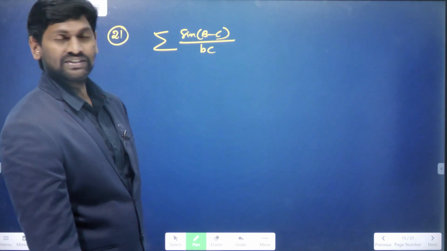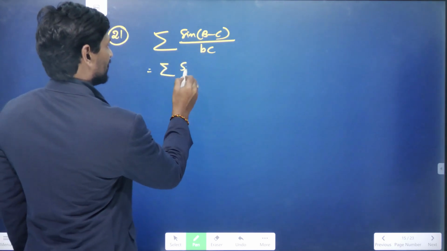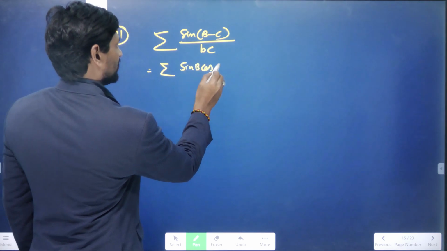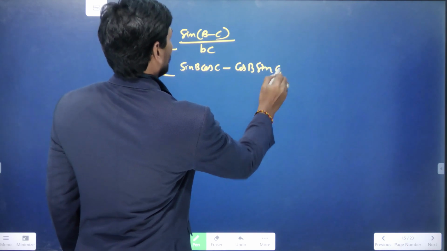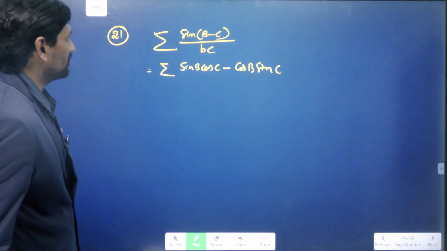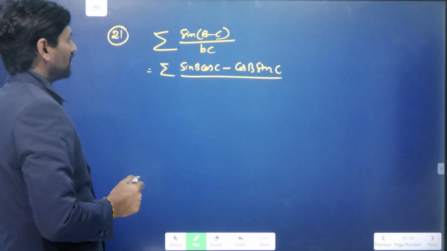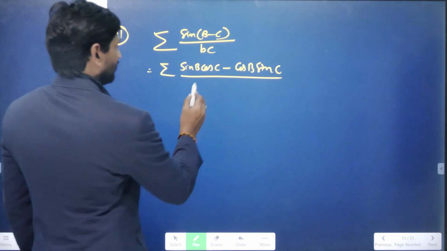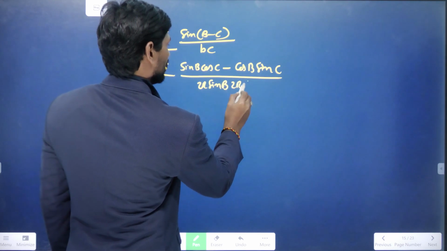I am applying sin(B minus C) as the compound formula, sin B cos C minus cos B sin C, just like the sin(A minus B) formula, sin A cos B minus cos A sin B. And in the place of the sides, we can write 2R sin B and 2R sin C.